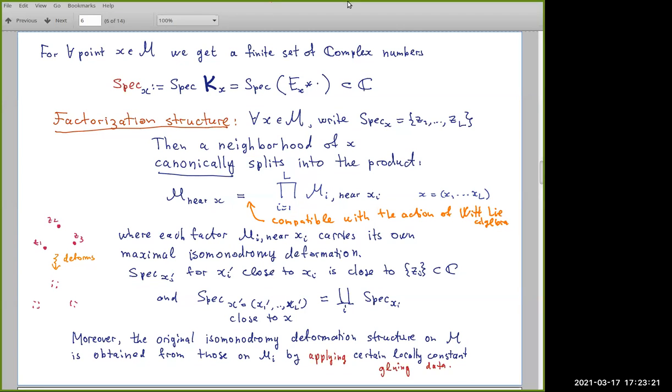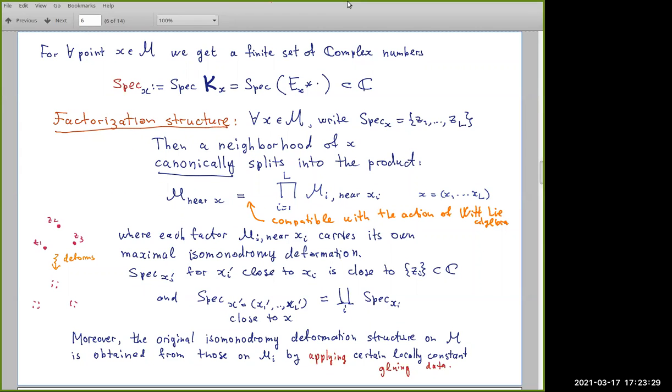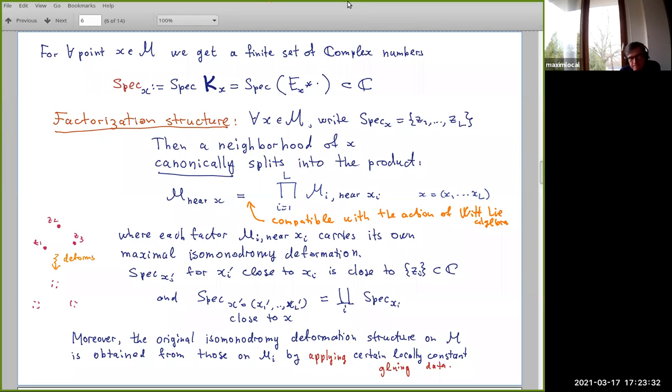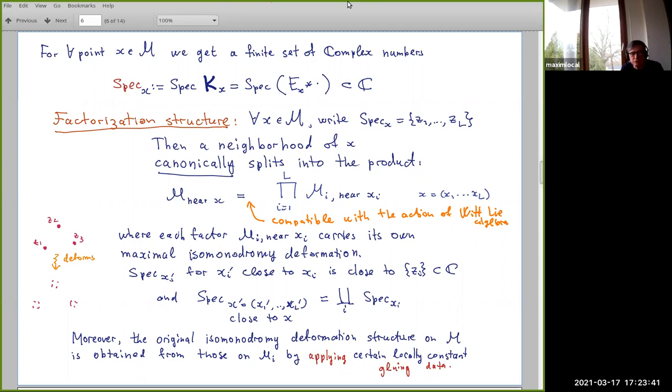How do you get Mi from M? Can you repeat? Yeah, for example, I can explain this without writing any formulas. You consider any point near X. Then at this point, you get a spectrum, which is a collection of groups of points near Z1, Z2, and so on, because the spectrum is a little bit deformed. Now I consider a polynomial in the variable Z which equals 0 on all eigenvalues except one, and equals 1 on the group of eigenvalues close to Zi.